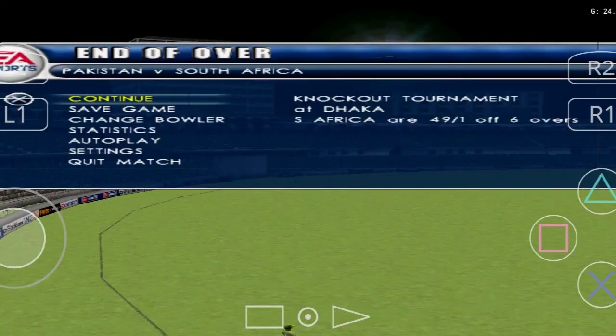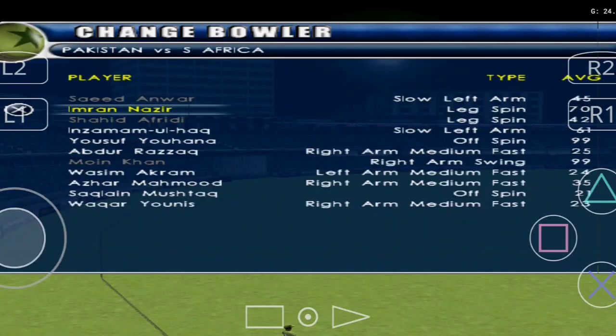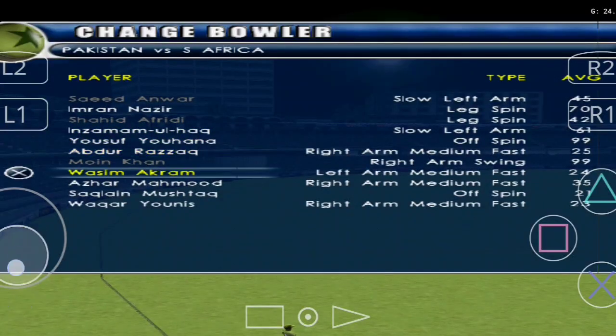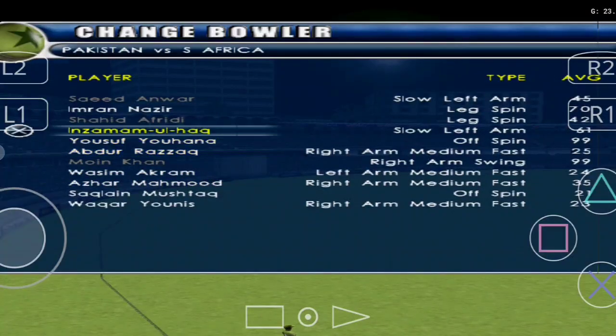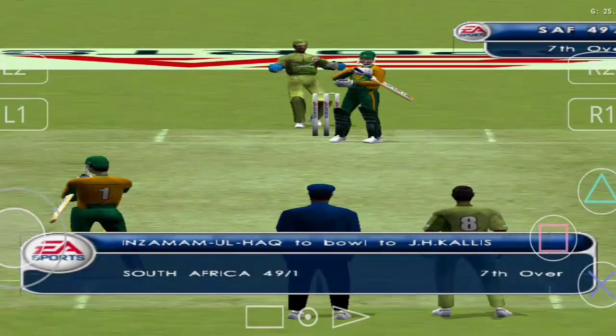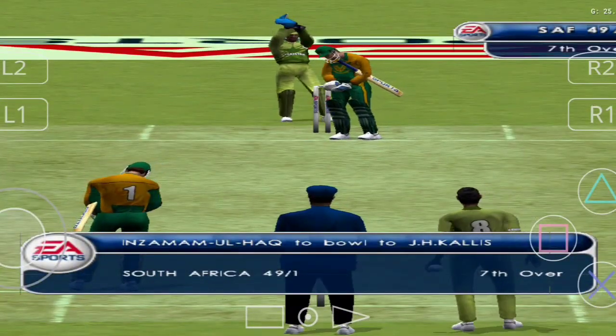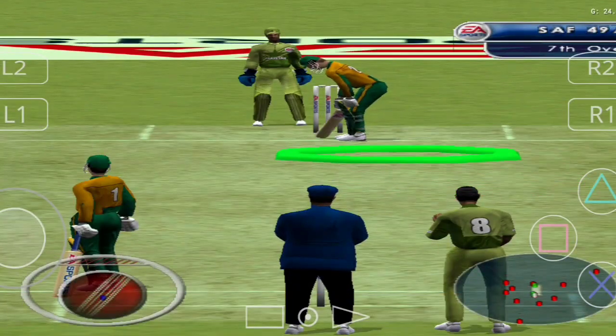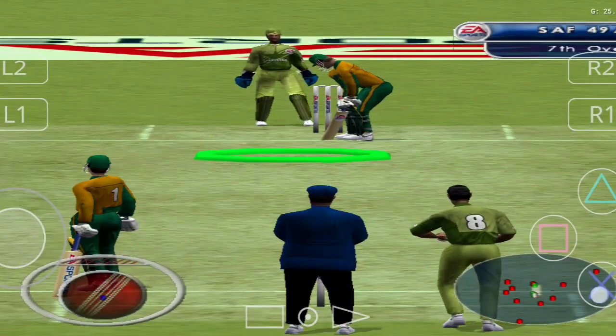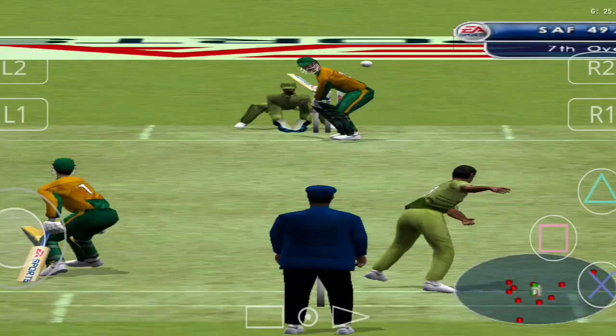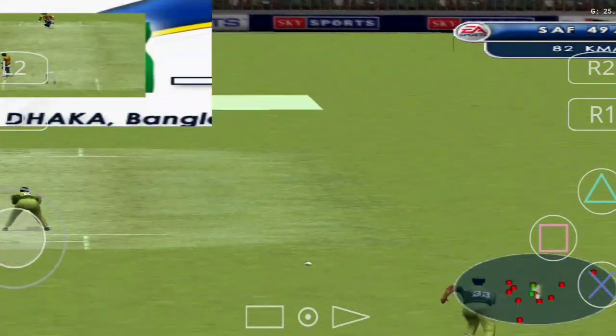Four overs are left for South Africa. Pakistan are making a change in the bowling. White.